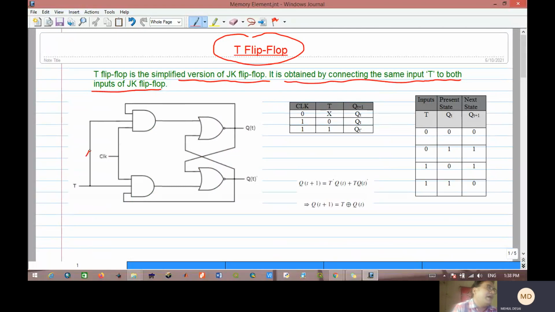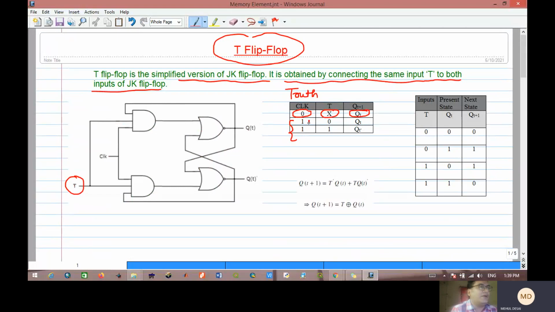In the D flip-flop we used an inverting NOT gate, but in the T flip-flop the same input is given to both J and K. So here J and K both are equal to T. From this truth table, here also the output is available only when the clock is 1. When the clock is 0 and the input may be 0 or 1, at that time Q equals Qt.